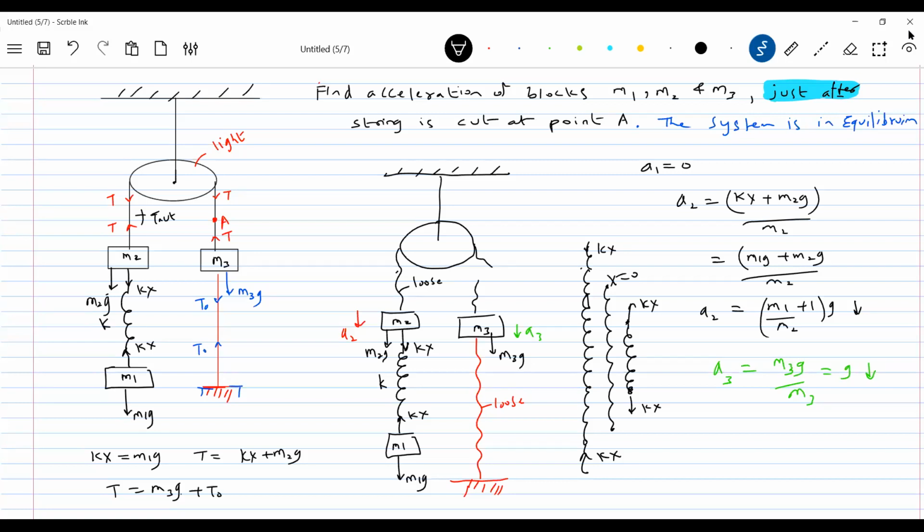Sir, in car wheels. What happens in a car's wheels?